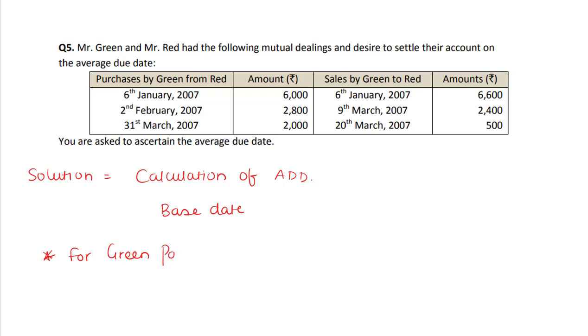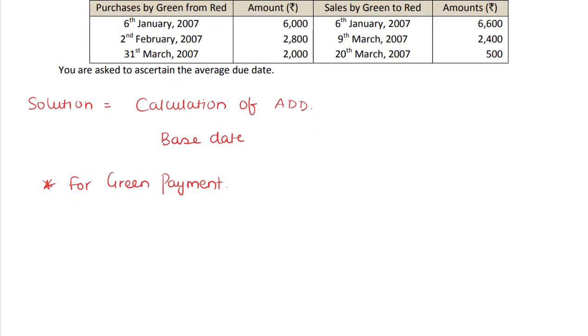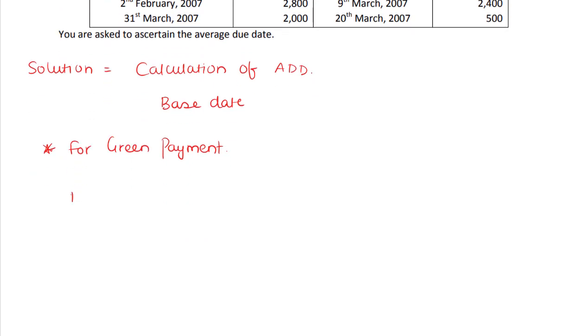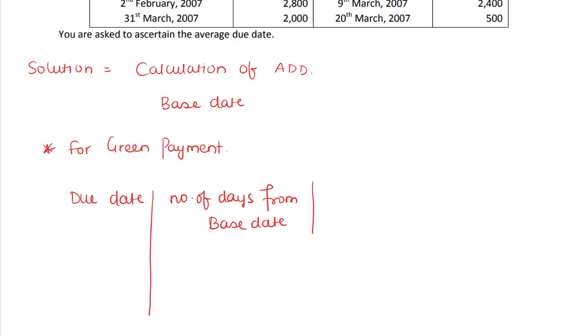For Green payment, make 4 columns: due date, number of days from base date, amount, product.